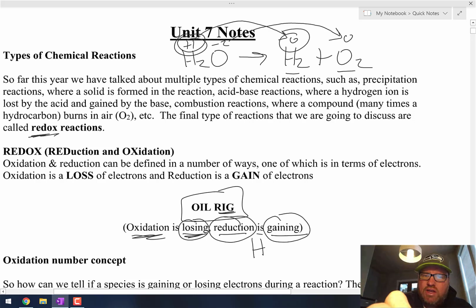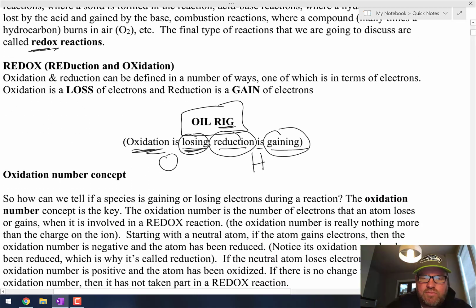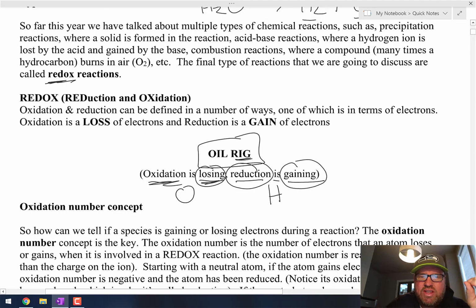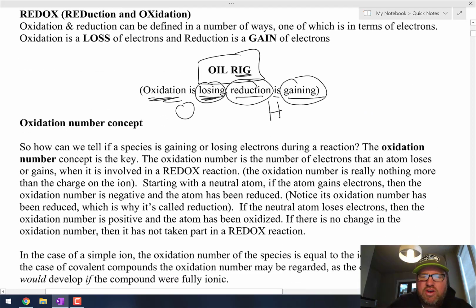Whereas the oxygen is going from a -2 charge to a 0 charge. Its charge is increasing, so it's losing electrons to do that. So that is oxidation. So even though I said charges up here, hydrogen has a charge of +1, oxygen's -2, the real term for that isn't charge.